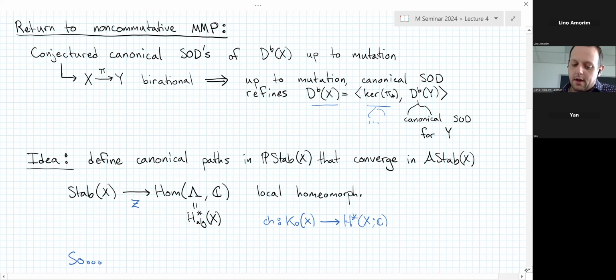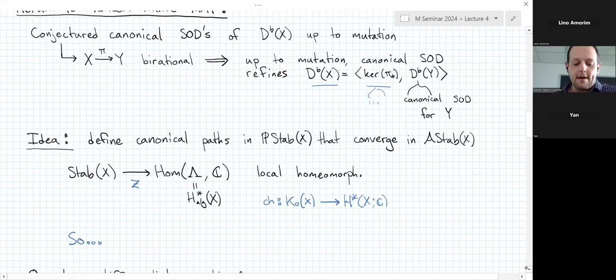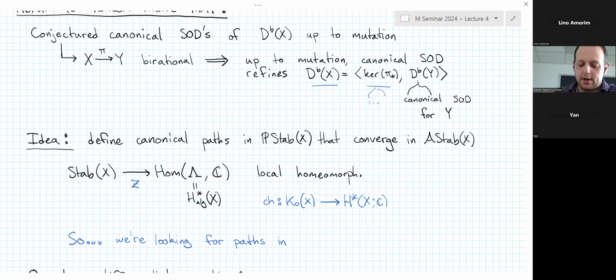So what we're looking for: you can do it in the dual of H-alg, but under Poincaré duality, you might as well just work in H-alg itself.